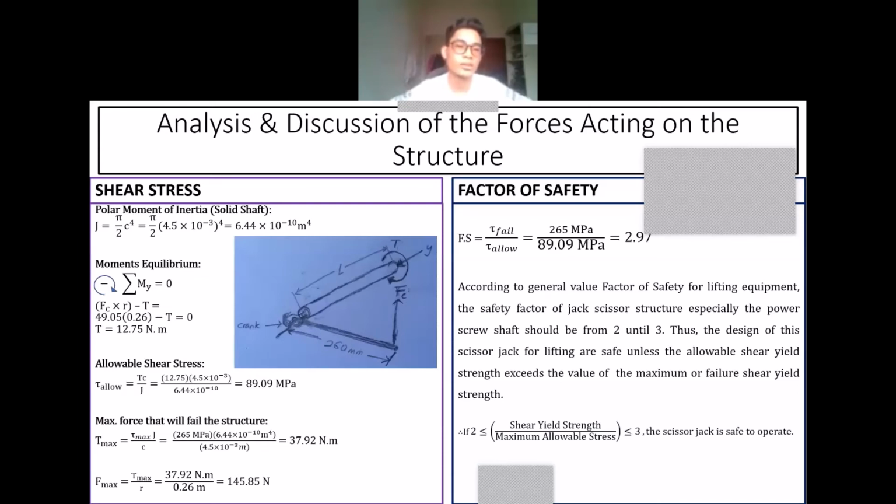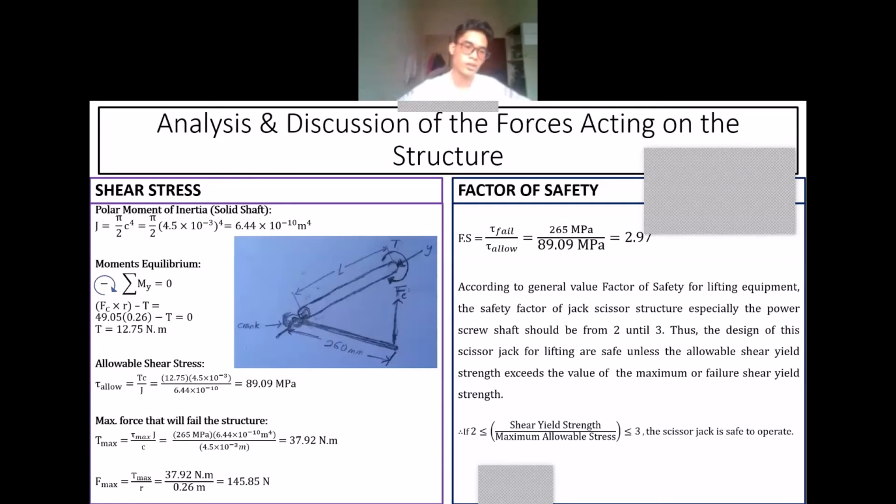So for rotation, clockwise rotation moment is negative. The summation of moment at y is equal to 0.